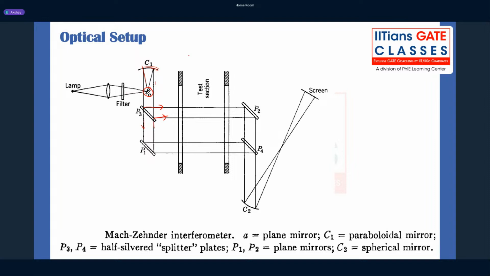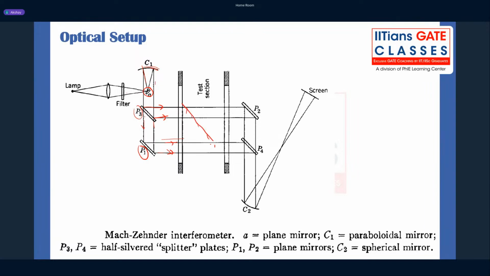So now the part of the light which passes through this mirror P3 will fall onto mirror P1, and all of those lights will be reflected. Now say it's a test section, and I have an object which is sitting somewhere over here. There is a shock wave which is going like this or something like that.